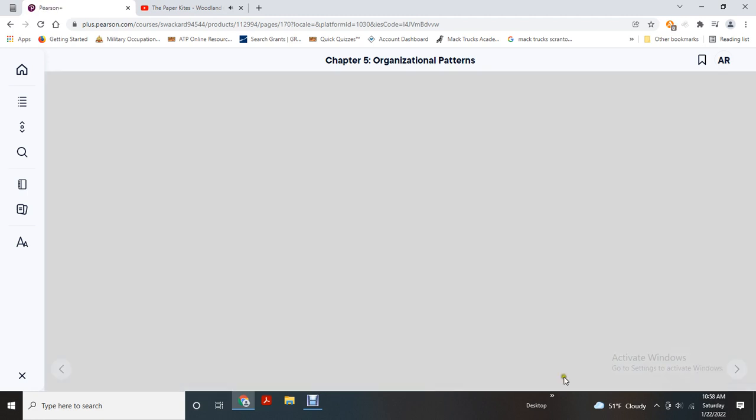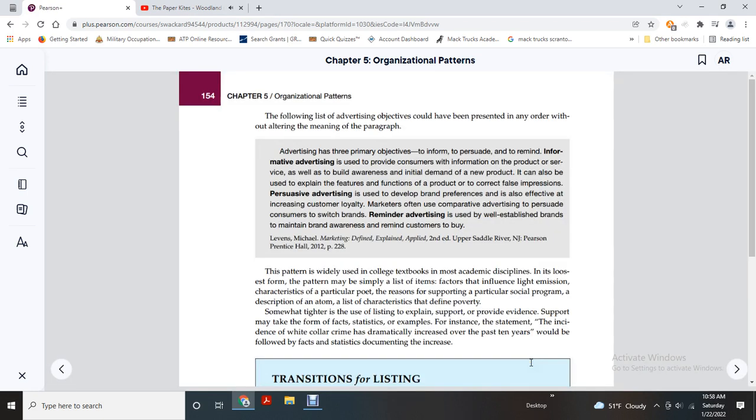Following is a list on advertising. The objectives could have been presented in any order without altering the meaning of the paragraph. Advertising has three primary objectives: to inform, persuade, and remind. Informative advertising is used either to provide consumers with information about products and services, as well as to build awareness and initial demand for a new product. It can also be used to explain the features and functions of a product, or to correct false impressions.